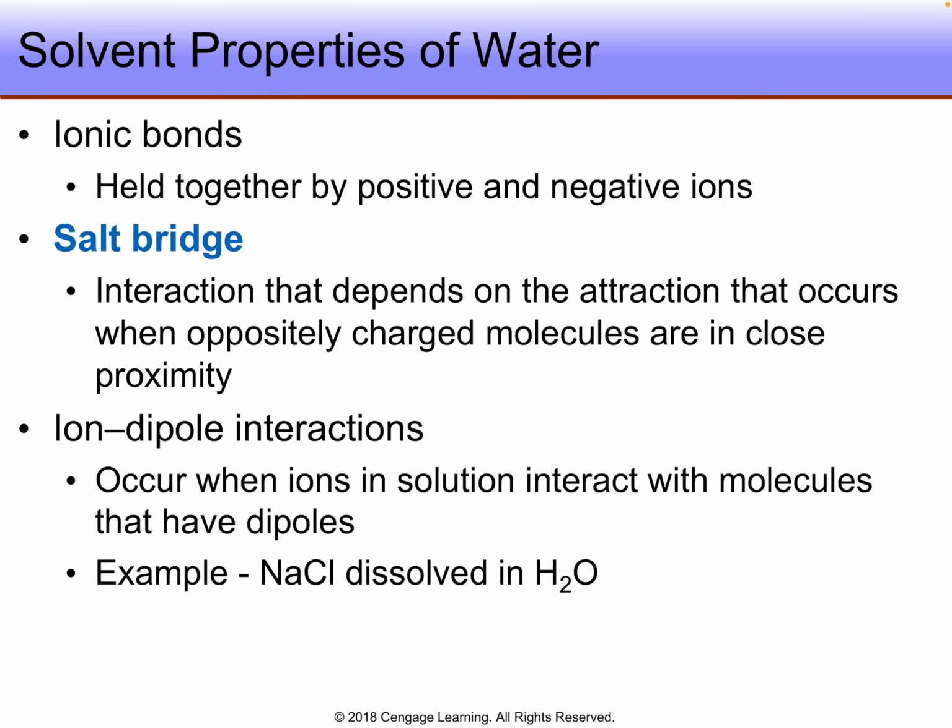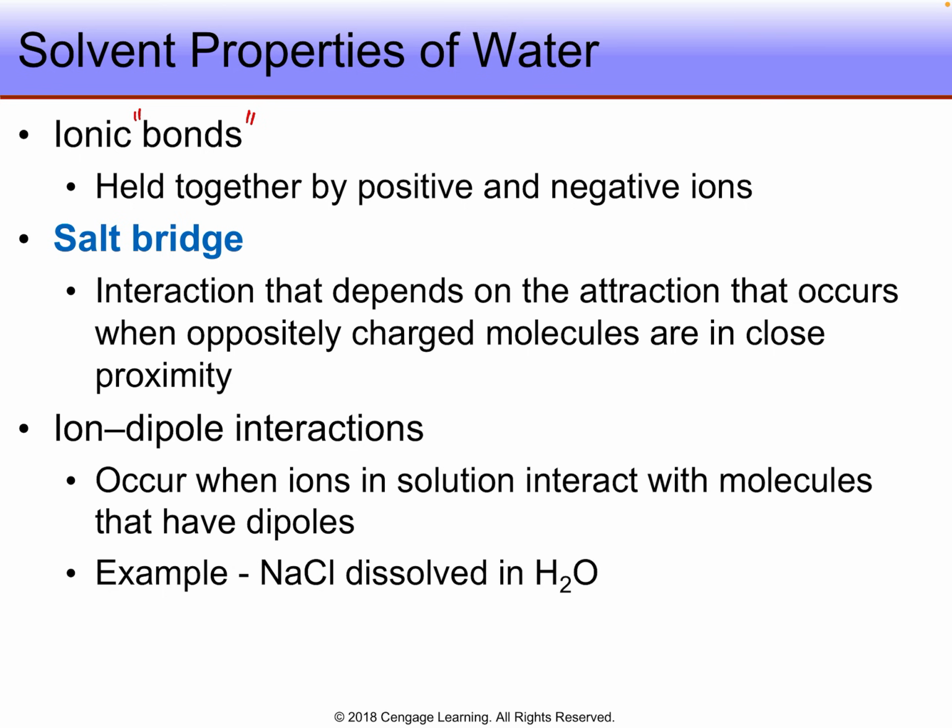So some of the solvent properties that we need to look at with water is how it interacts with ion pairs, also known as salt bridges, and ion-dipole interactions. So an ionic bond, and actually I don't really like the term bond when we refer to ion pairs, because bond suggests a covalent bond. And in those cases, electrons are shared. In ion pairs, electrons are not shared.